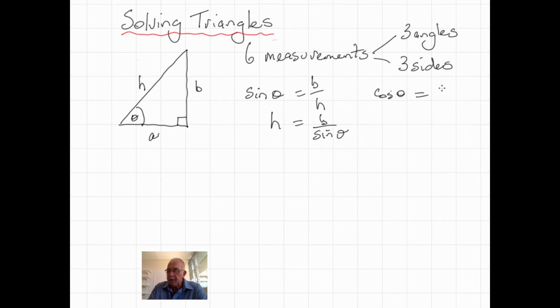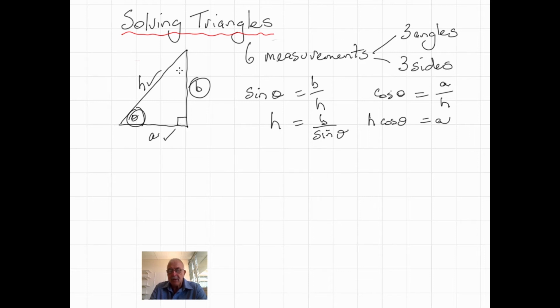We can work out A by cos of theta is equal to A over H. Now, we've already worked out H, so multiply both sides by H, and H cos theta would be equal to A. So we can work out A, we're given B and we're given theta, so we've worked out A and H. Now we've got 1, 2, 3, 4, 5.